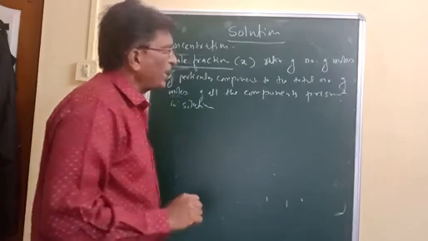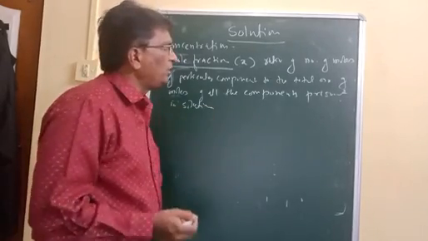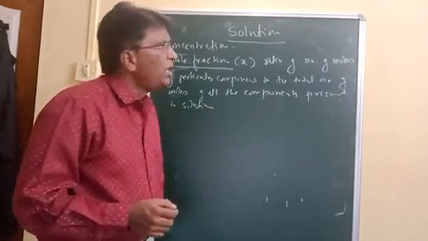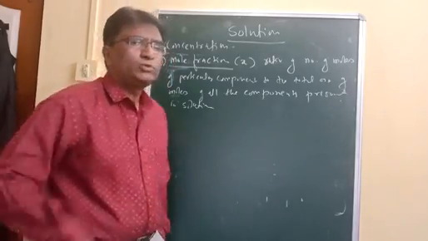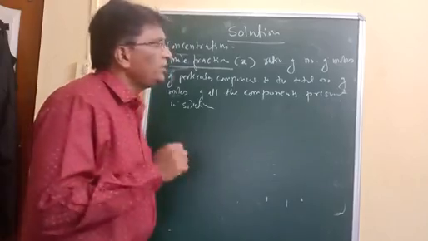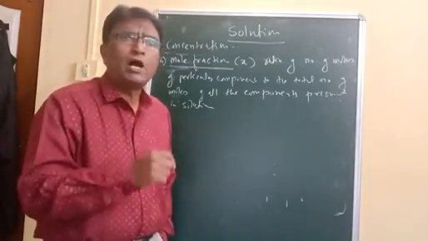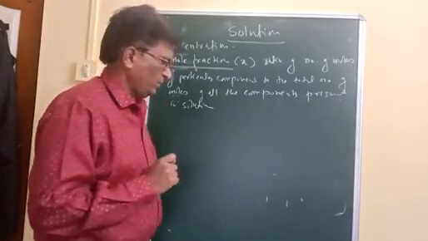That means mole fraction of any particular component of solution is nothing but ratio of number of moles of that particular component to the total number of moles of all the components present in solution.